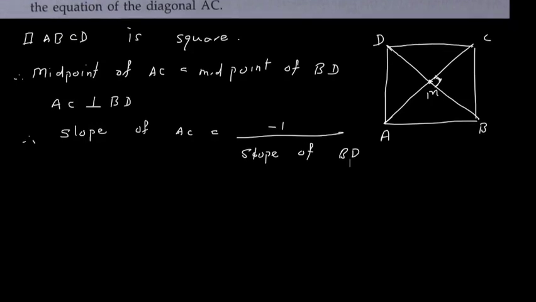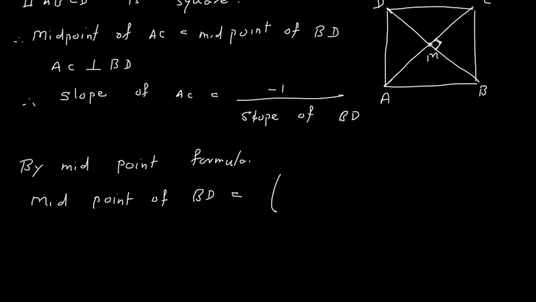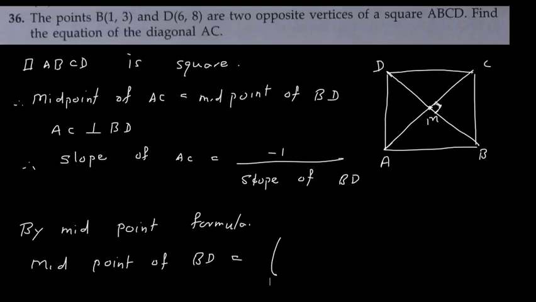Okay, so I have to find the midpoint of BD. By the midpoint formula, midpoint of BD, where the coordinates of B are (1, 3) and D are (6, 8), is (1 plus 6) divided by 2, this is the x coordinate, and (3 plus 8) divided by 2, this is the y coordinate.